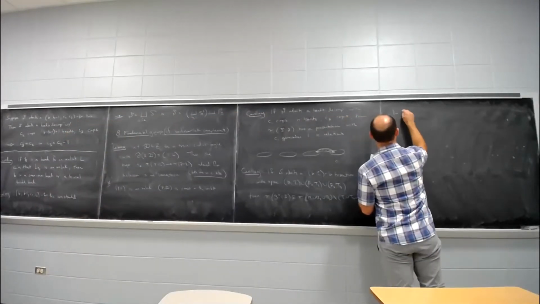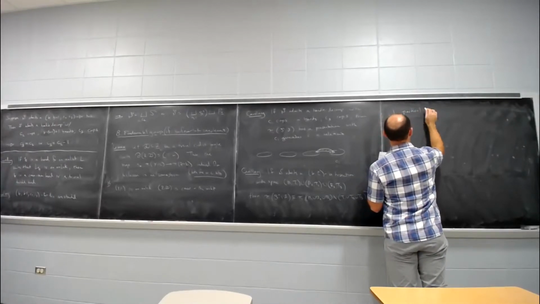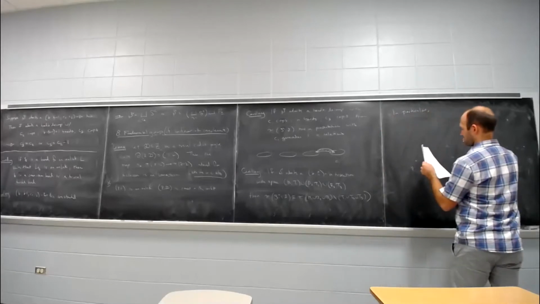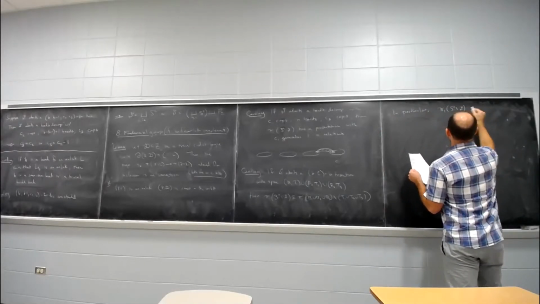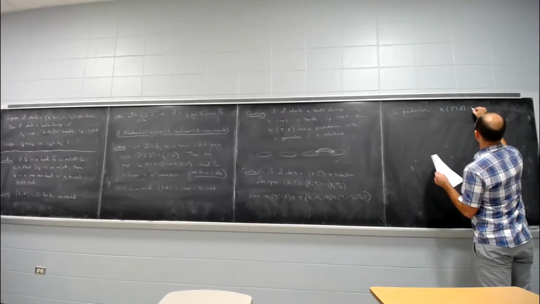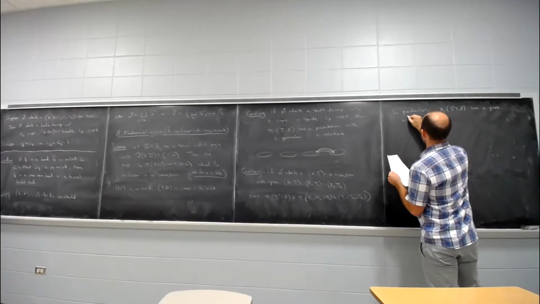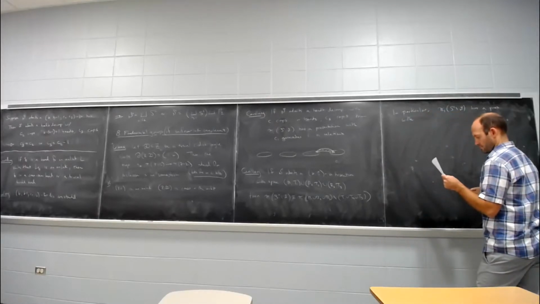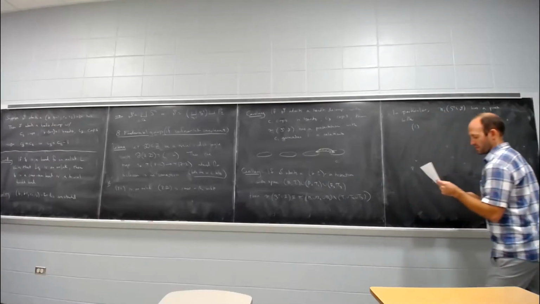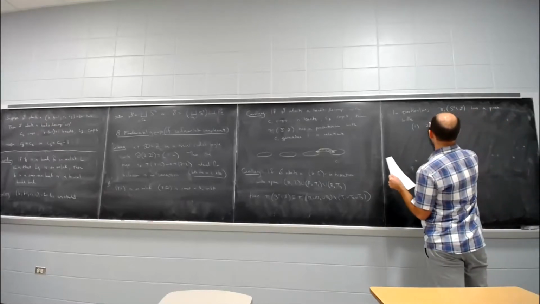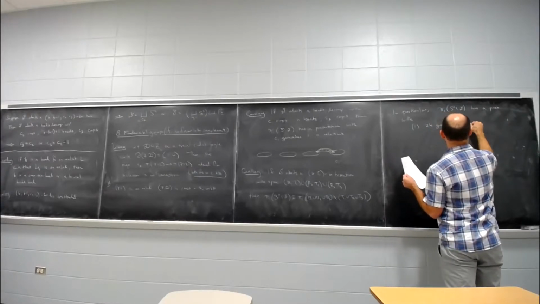In particular, pi1 of S4 minus S has a presentation with, so there's a couple of different presentations. Let's see where each of these come from. The first is we could have 2B generators and 3B relations.